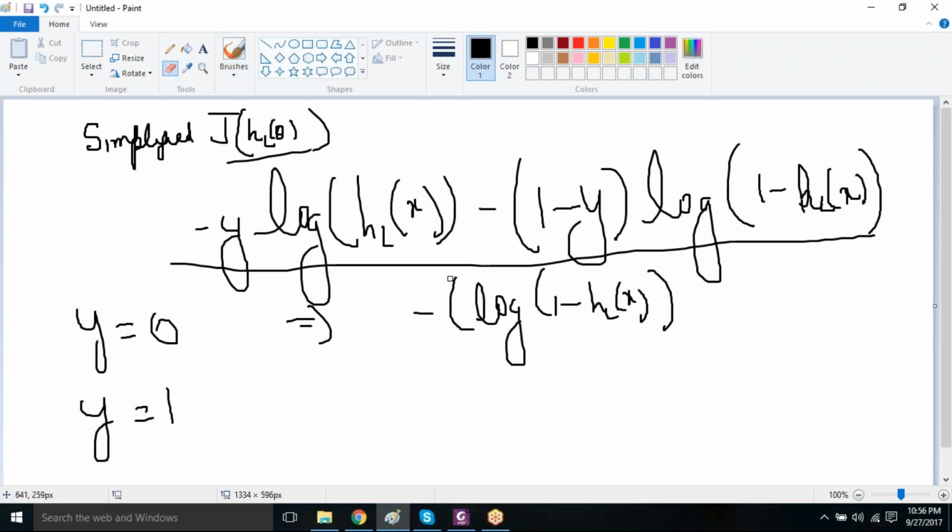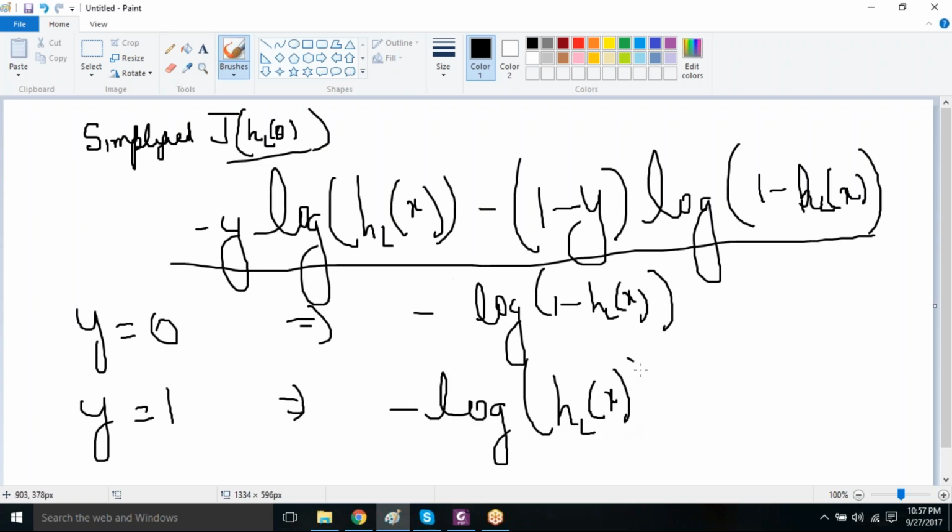Fine. And when y equal to 1, this will be 1, so this will become minus log this. And y equal to 1, so 1 minus 1 is 0, so the whole thing will become 0. So this is the scenario. Good enough?